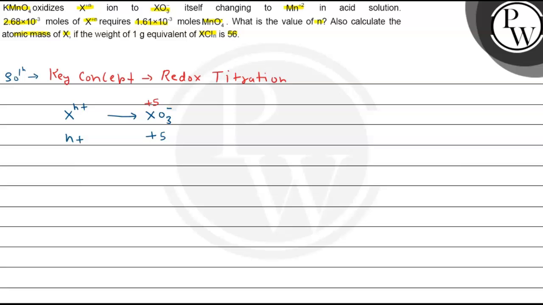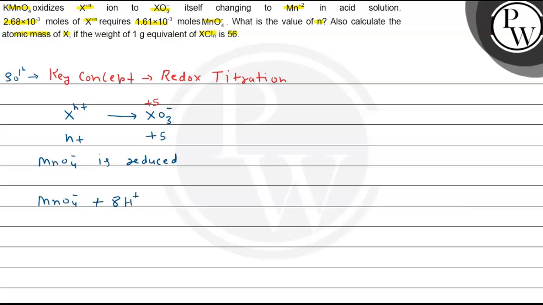After that we are given that MnO4⁻ is reduced. So we have a half equation for the reduction of MnO4⁻, and it will be MnO4⁻ plus 8H+, because we have been given the acidic solution. So we are using 8H+.